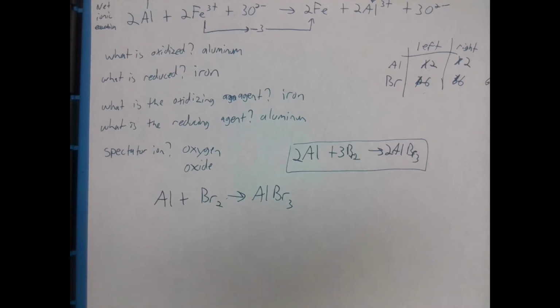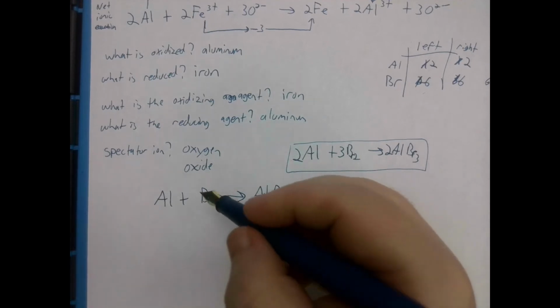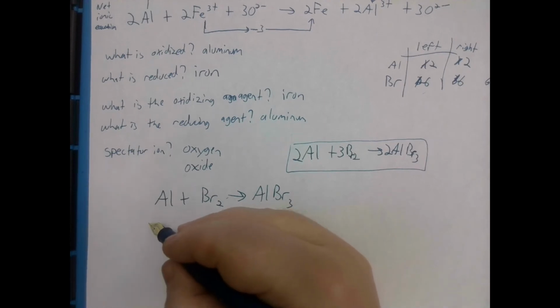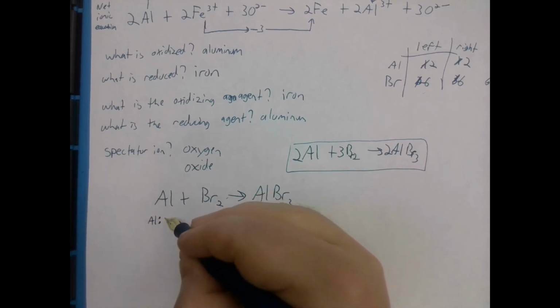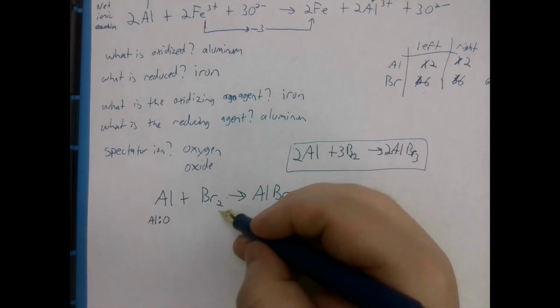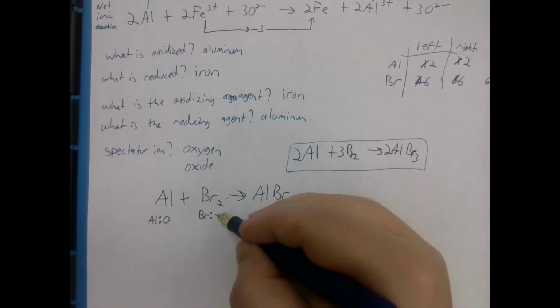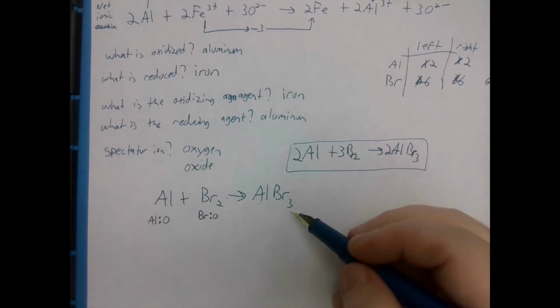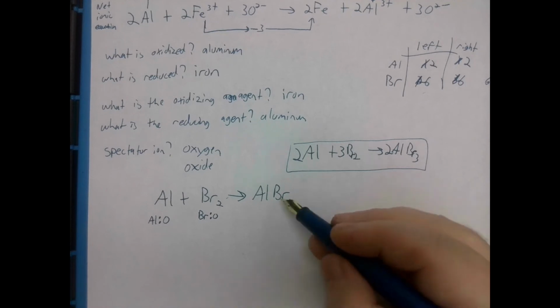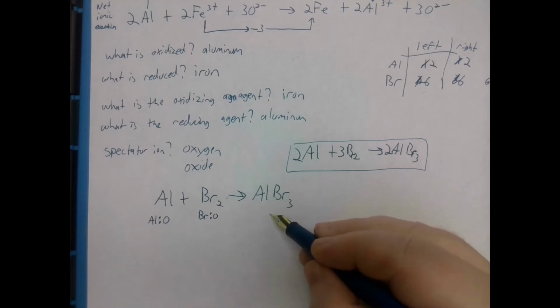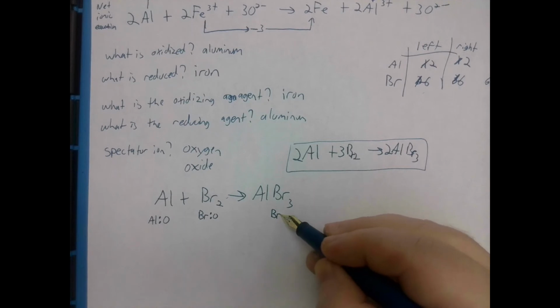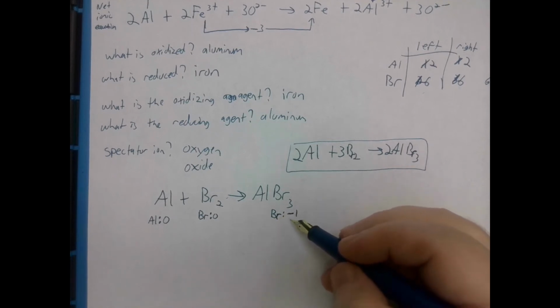So let's analyze this. We have aluminum by itself. So its oxidation number is what? We have bromine by itself. So its oxidation number is? Which one of these is more electronegative? Br. And what is Br's charge? So it would be a 1 negative charge, and the oxidation number would be -1.